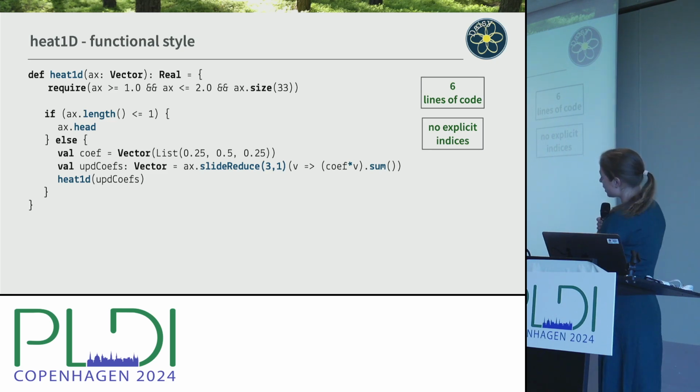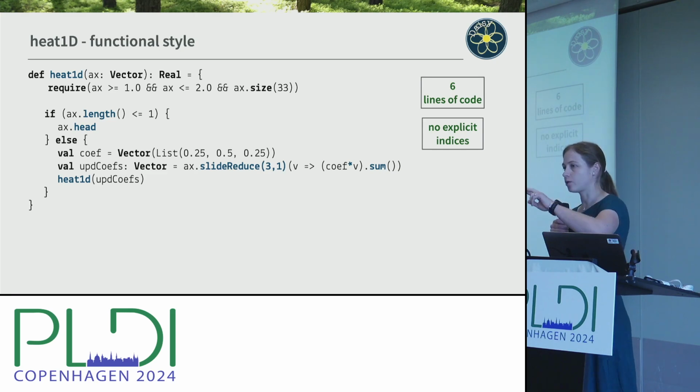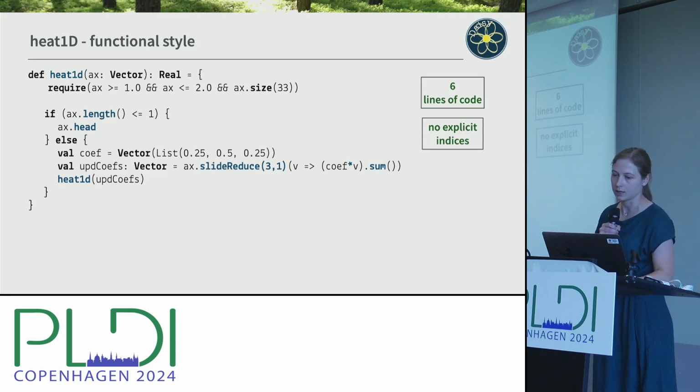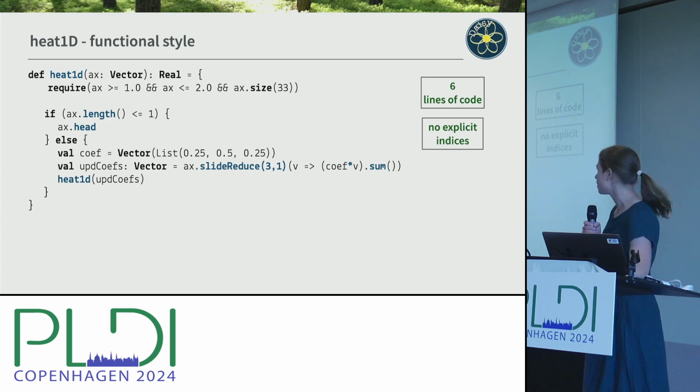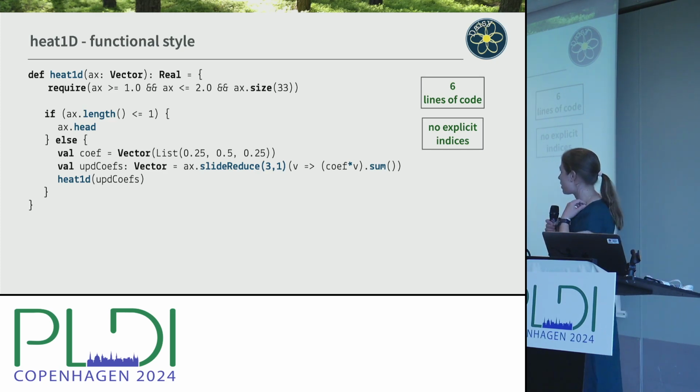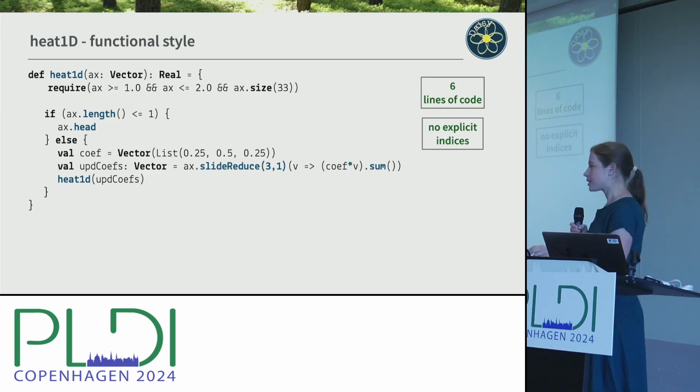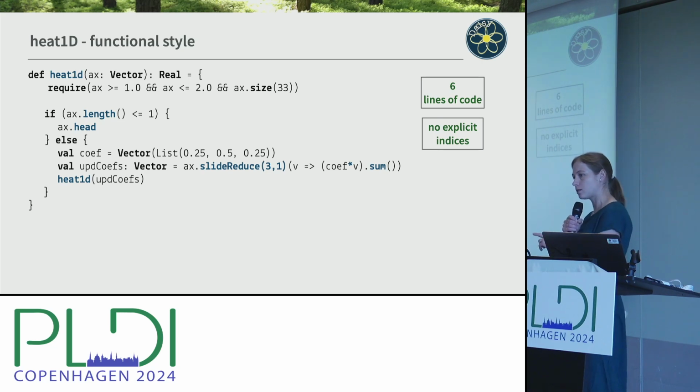So we're writing this now in 6 lines of code, and we have no explicit indices, so we don't have a for loop that explicitly indexes into the arrays. The vector data type there, think of it as an array, basically. So we are saying we should write this kind of code in this kind of functional style, and this also makes it easier to analyze the rounding errors, or at least it makes it faster.